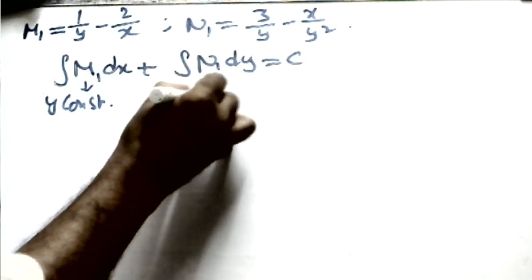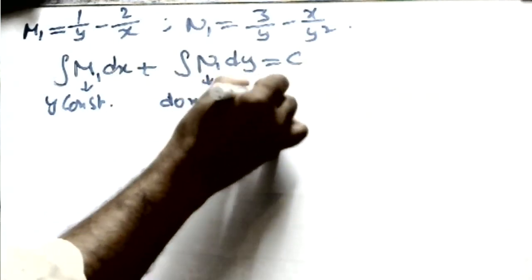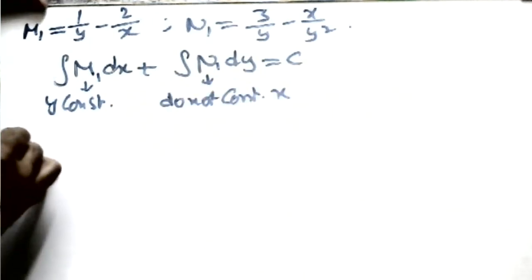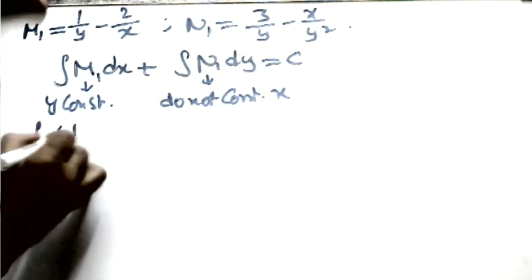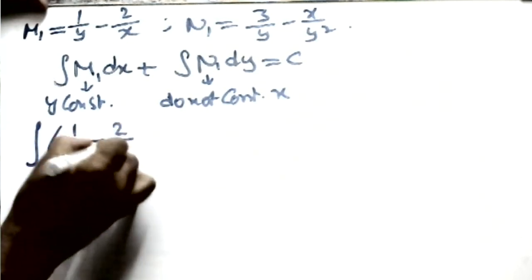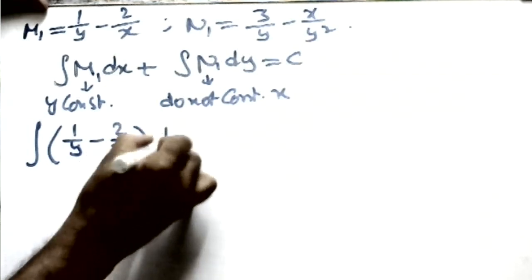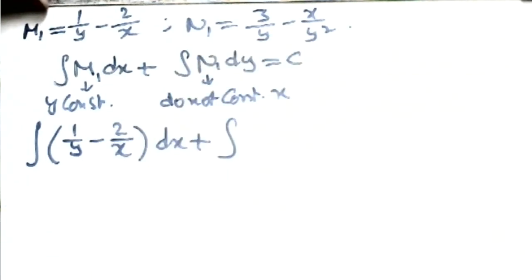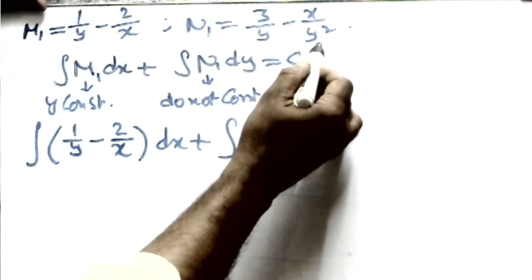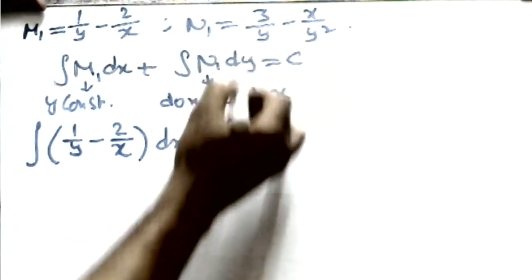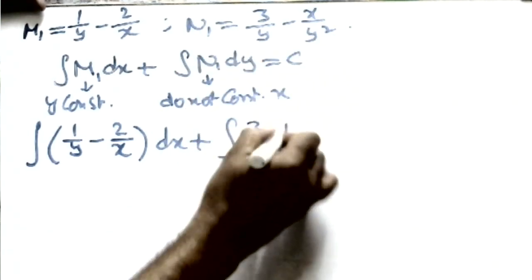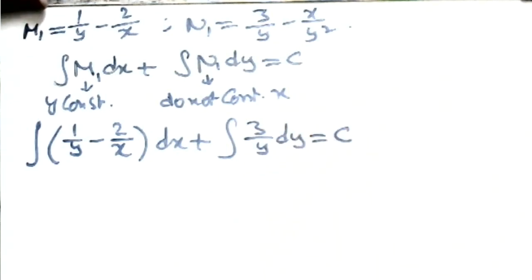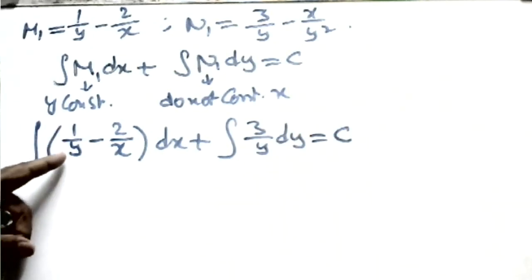Here we take terms which do not contain x. So let me continue. Integration of m1, that is 1 by y minus 2 by x, dx. In n1 we have to take only terms which do not contain x. So this contains x, so we do not take this one. We take only this 3 by y dy equals to c.